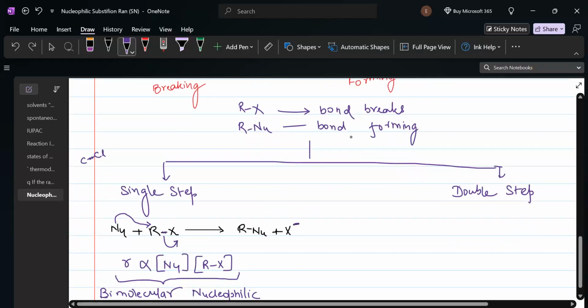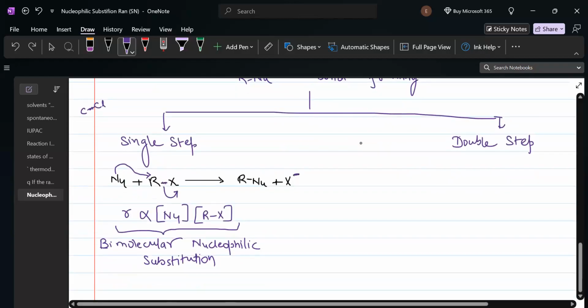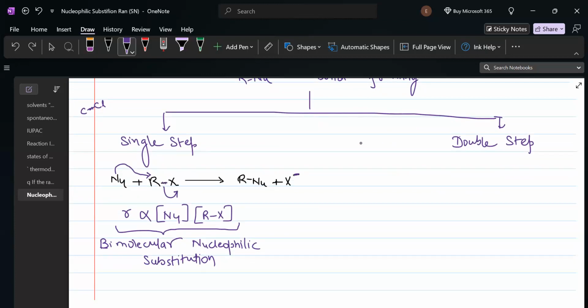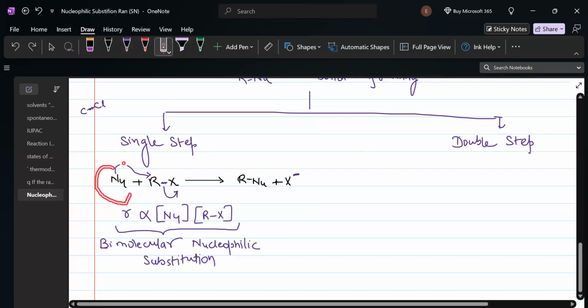What we are seeing here is that this process of bond breaking and bond forming can be done in two ways: in a single step reaction, or in a double step reaction. In a single step reaction, the nucleophile is attacking this R, which has a partial positive charge, and this leaving group is moving out simultaneously.